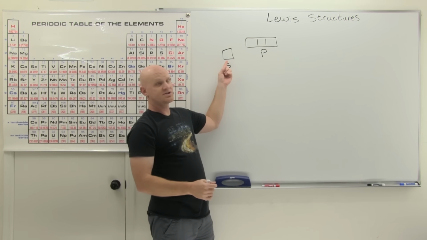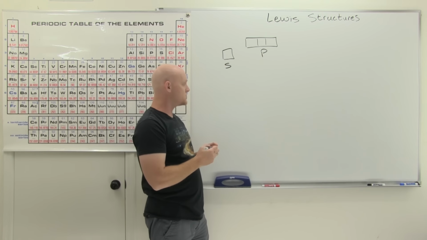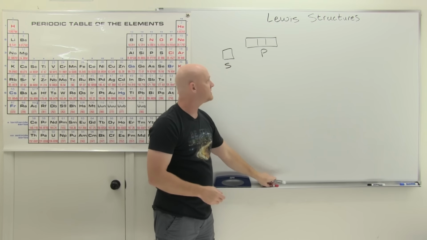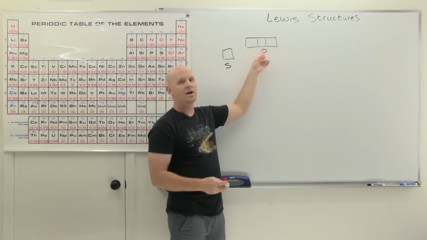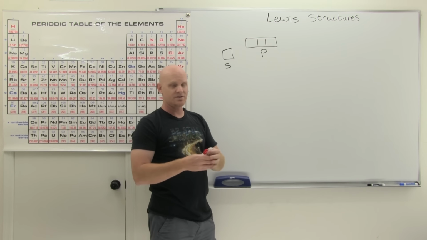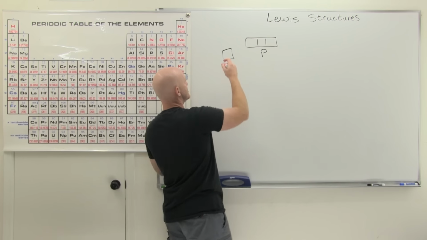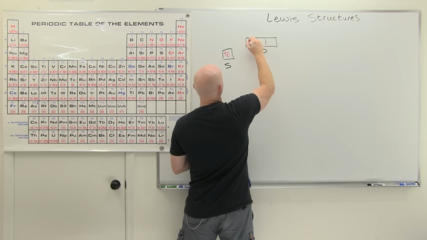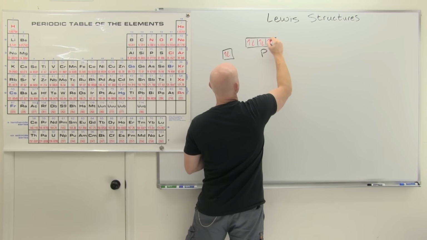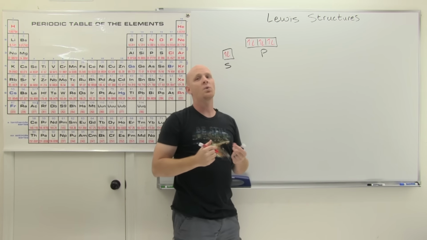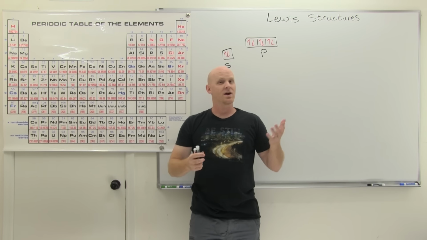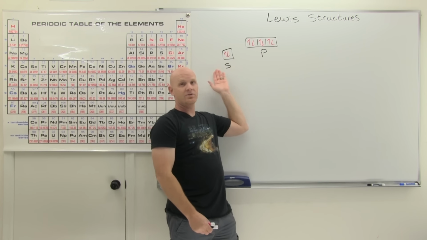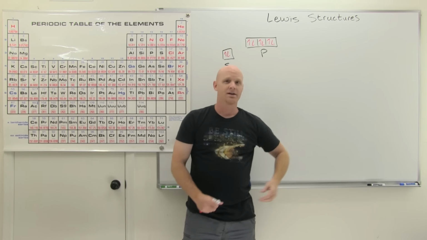In the s subshell, there's just one orbital, and so you can only put 2 electrons there. But in the p subshell, there's 3 orbitals, and so you can fit a grand total of 6 electrons there. So 2 per any orbital in the universe here. So we'll put 1, 2 there, and then 1, 2, 3, 4, 5, 6 for a grand total of 8. So this is where the octet rule comes from. It's just how many electrons you can fit in a typical shell.